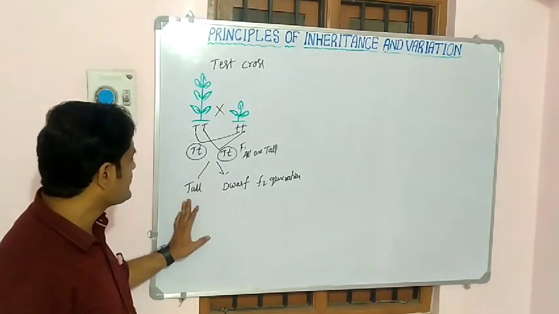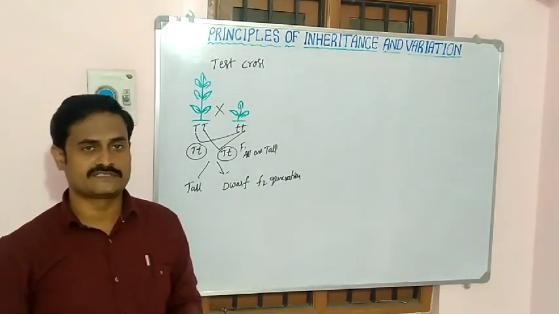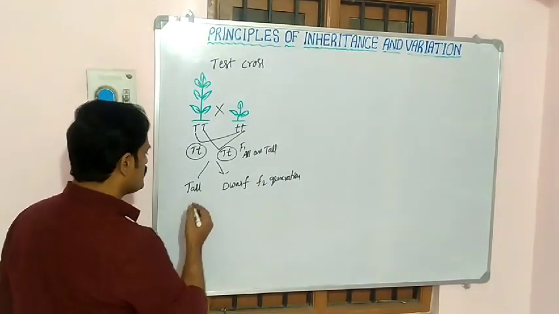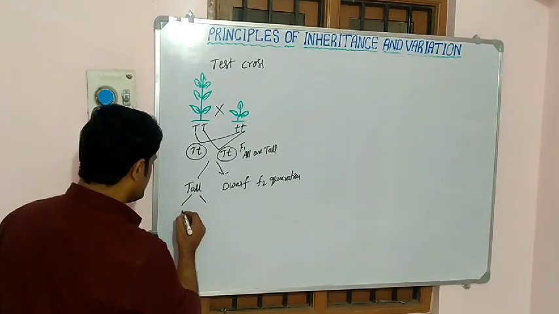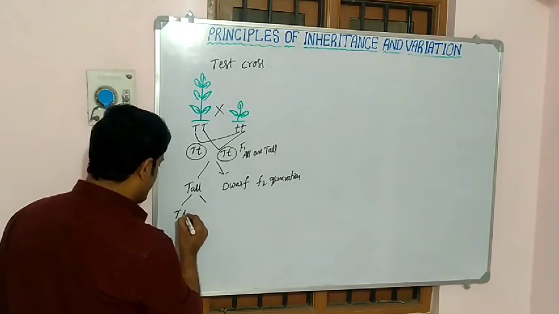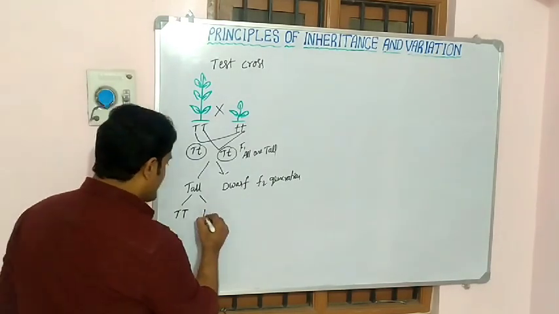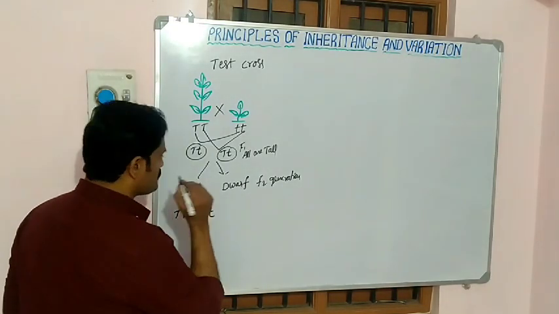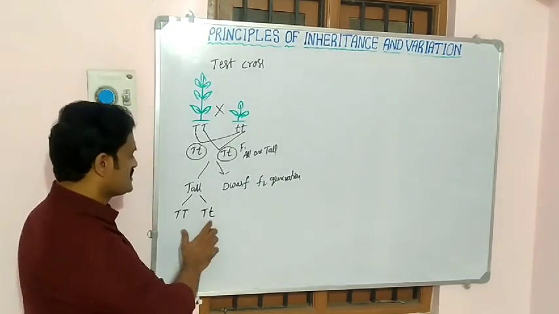Then again here tall and dwarf. Tall means two types, already you know. Which type of plants do we call tall? Capital T, capital T. This is one type of tall plant. And capital T and small t. This is another type of tall plant. So both are tall only.